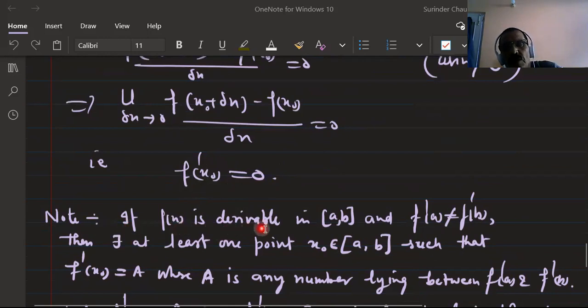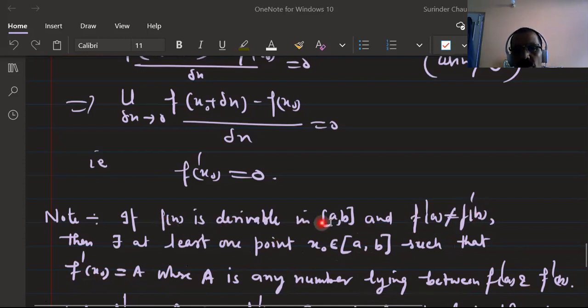If f is derivable in the closed interval and f dash a and f dash b are of opposite sign, then there exists at least one x naught in the interval such that f dash of x naught is equal to 0, where it is any real number lying between them.